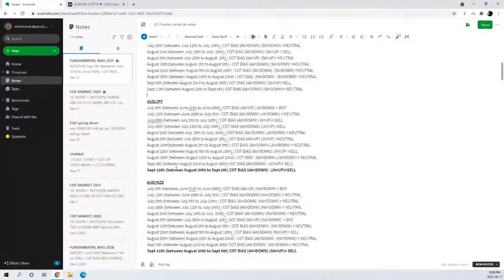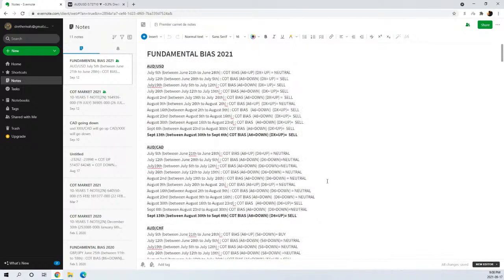But anything that is bold here, like AUD JPY, those are two currencies going in opposite directions. One was going down, one was going up, so we had a bias for AUD going down overall. So let's start with the AUD USD.